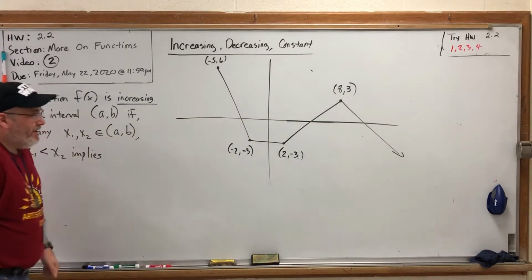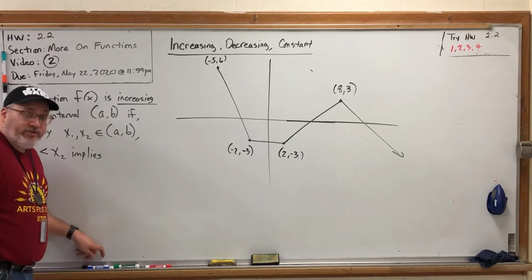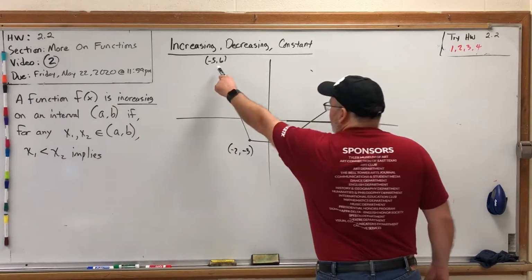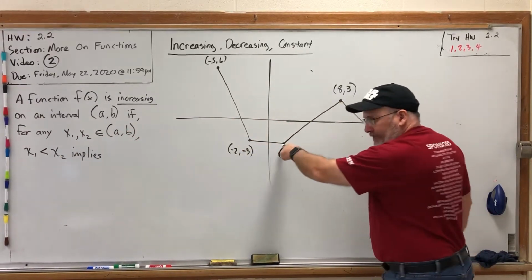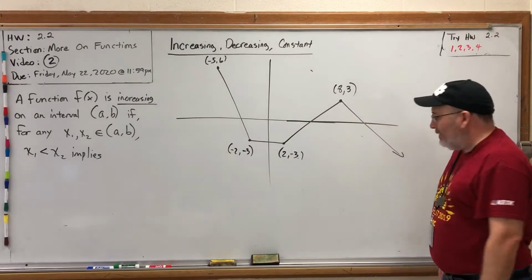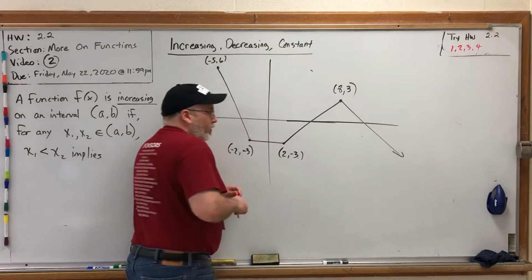Well, let's start by finding the interval on which this graph is increasing. This function's graph is increasing, I should say. Well, from left to right, this graph starts out by decreasing and it's constant for a little bit. But on this third segment, it is increasing. And in fact, it's the only segment on which it is increasing. So let's start by identifying where this is increasing.